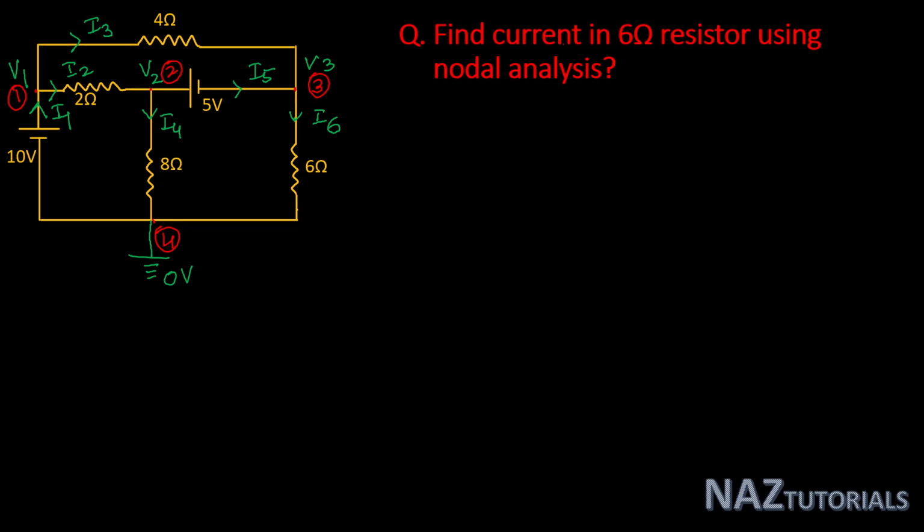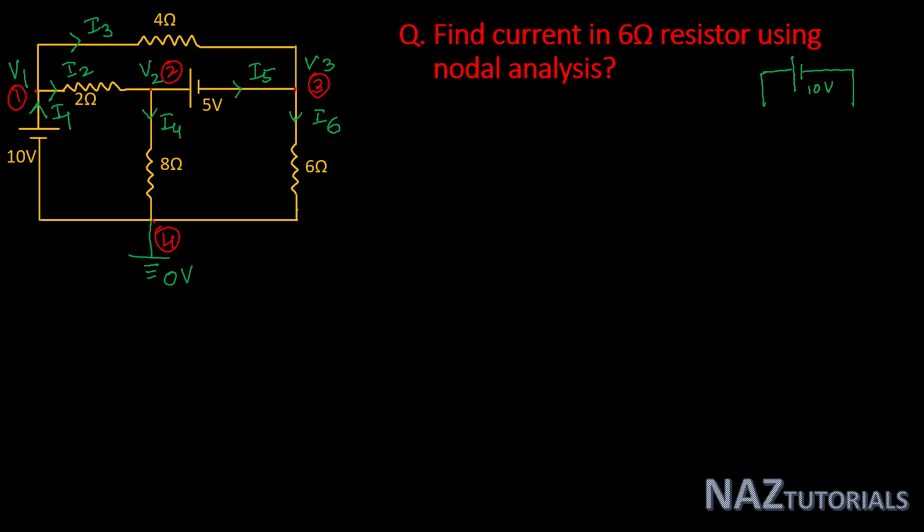Now we define equations for the source voltages. First we select the 10 volt voltage source. So here this is our 10 volt voltage source, which is connected between node 1 and node 4.